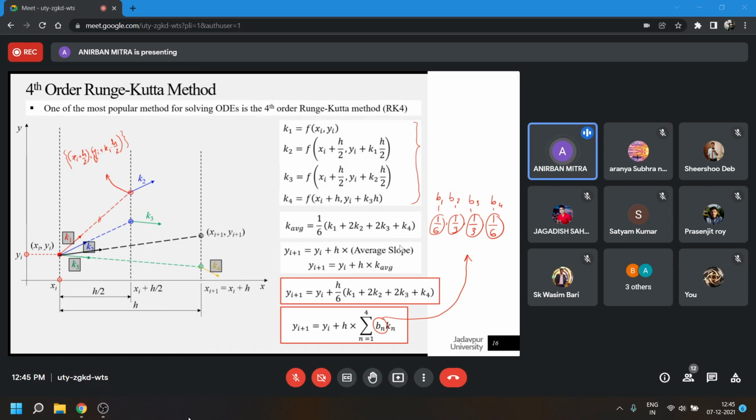So that is why the error in this method is of the order of h to the power 5. If h is small enough, then the RK4 method is pretty accurate, and that is why this is one of the most popular methods in solving initial value problems.